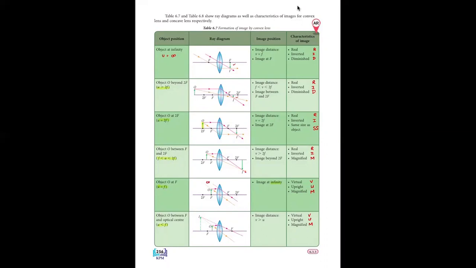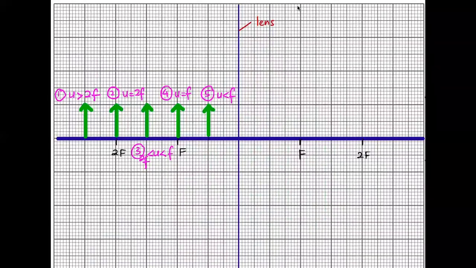So I will put it there: real, inverted, smaller; RIS, RIM, VUM, VUM.